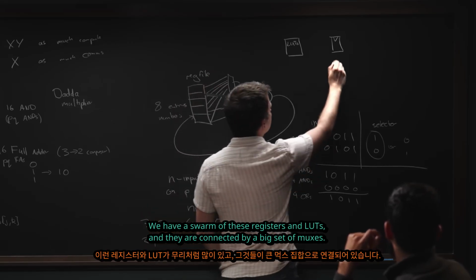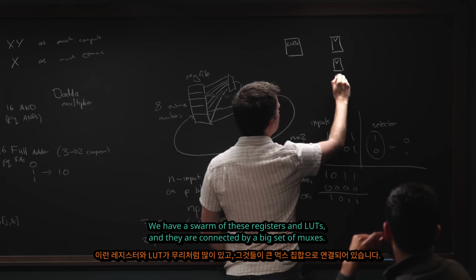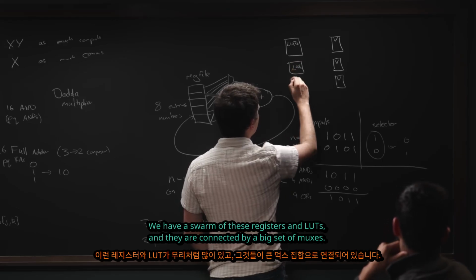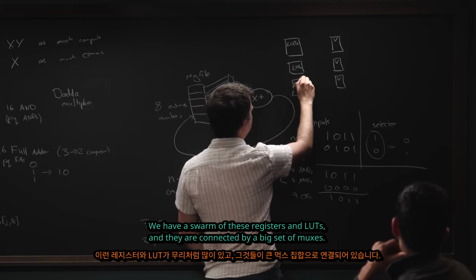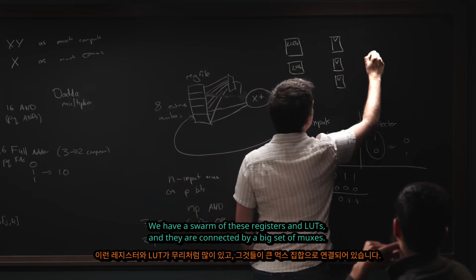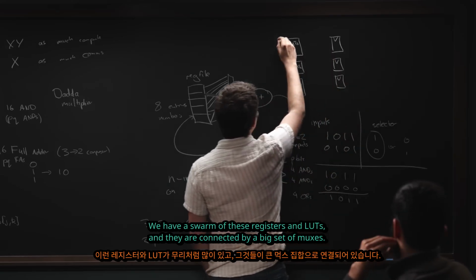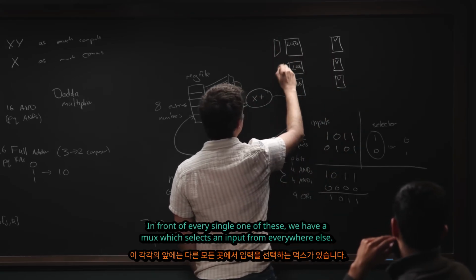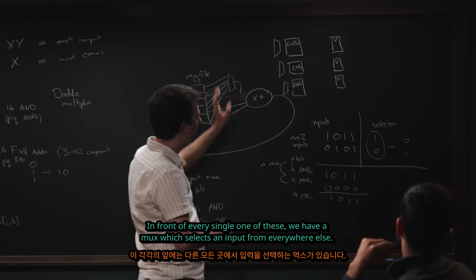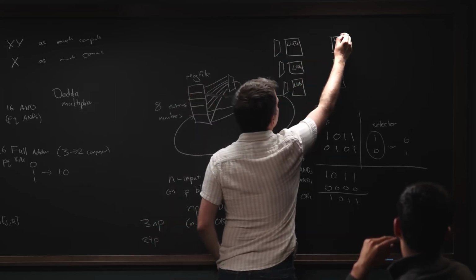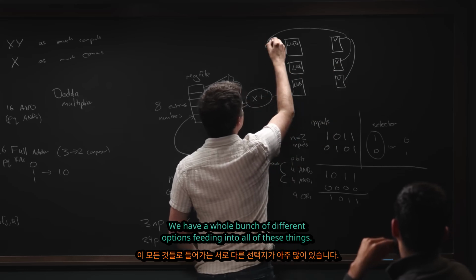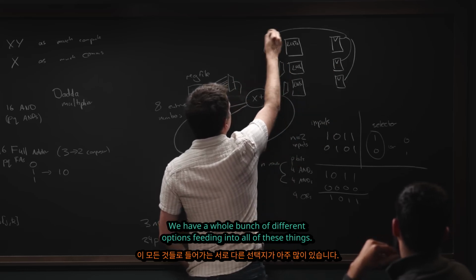We have a swarm of these registers and LUTs, and all of these are available, and then they're connected by a big set of muxes. In front of every single one of these, we've got one of these muxes, which selects one input from everywhere else, with a whole bunch of different options feeding into all of these things.